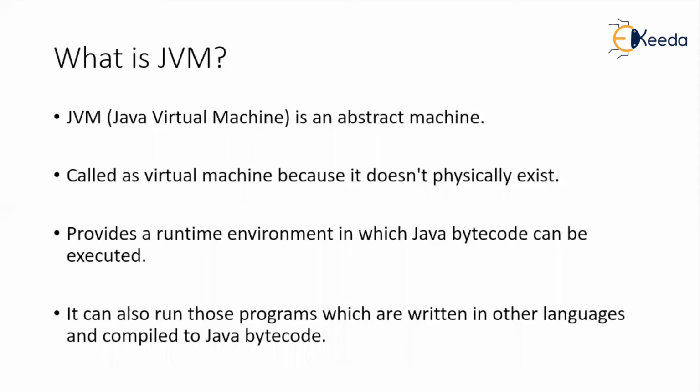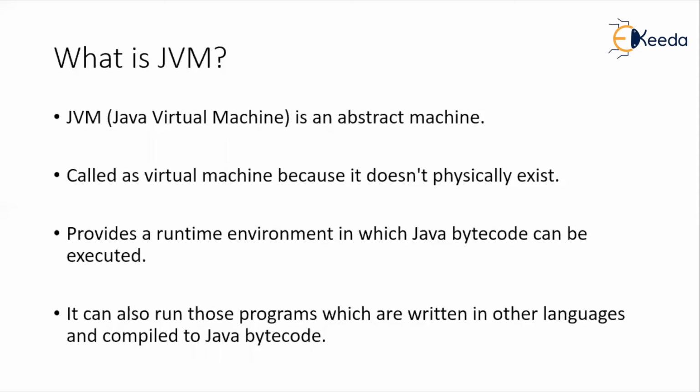Next is JVM, which stands for Java Virtual Machine. It is a machine, meaning it is going to perform certain operations. It is software, and it is termed virtual because there is no physical existence of this JVM.